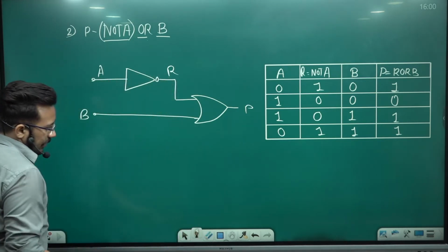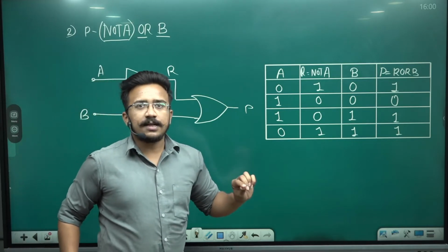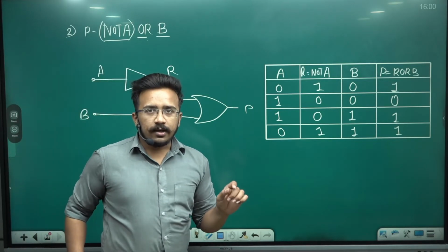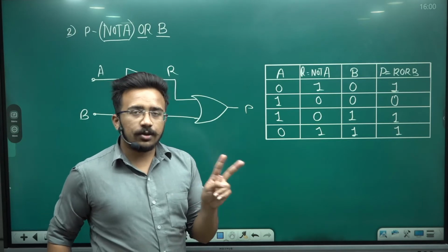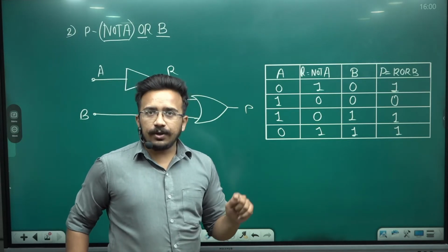Okay, can I make it a bit more difficult? Let's add one more gate. Right now we are working on 2 gates, the 2 combination. We are going to increase one more gate.